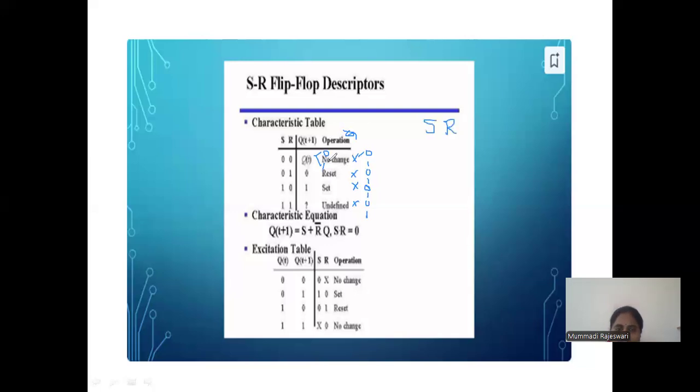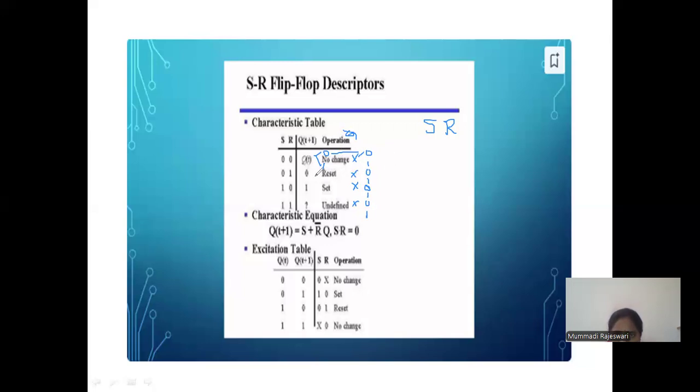See here, when we get inputs 0, 0, this is one condition, between the present state and the next state, where the present state and output are 0, 0.